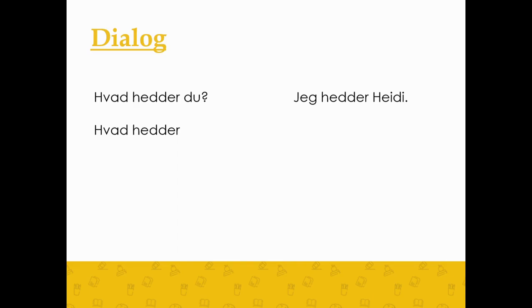Dialog. Okay, now let's learn some dialogues that could be useful when talking about the alphabet. Hvad hedder du? Jeg hedder Heidi. So what is your name? My name is Heidi. Hvad hedder du til efternavn? Mariegård. So what is your last name?